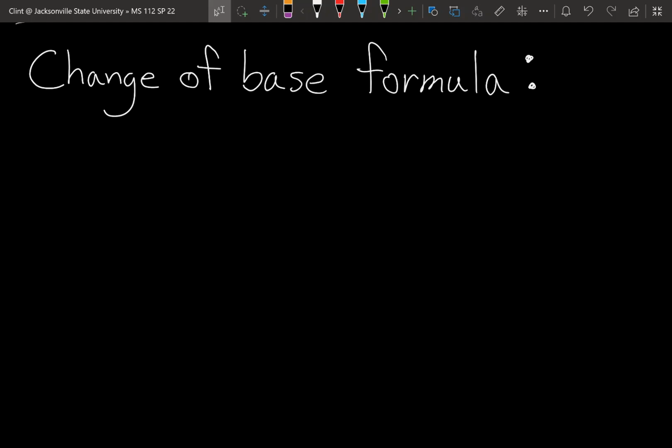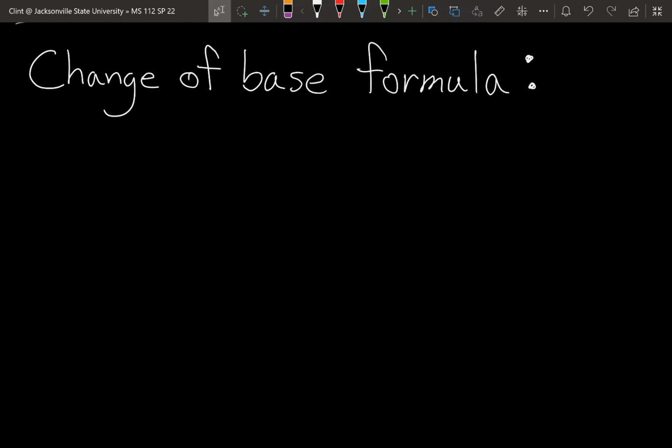A lot of calculators will only do the common log, base 10, and the natural log, base e. So if you have something like log base 3 of something, a lot of calculators can't calculate that. Some of them will do it, but it's a little hard to find where to do it.